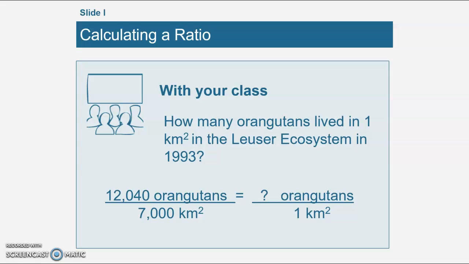But what are we looking at in a square kilometer? How many orangutans are there? How many are thriving in that specific place? If you know how to do this, great. If you're not so sure, make sure you're following along, because I'm going to walk you through this a couple times, and then I'm going to have you do it on your own.